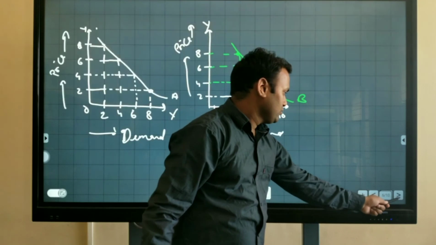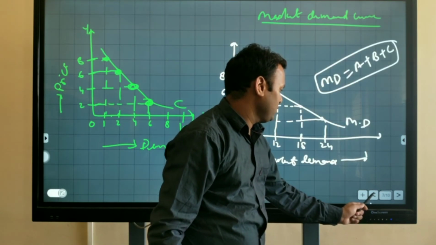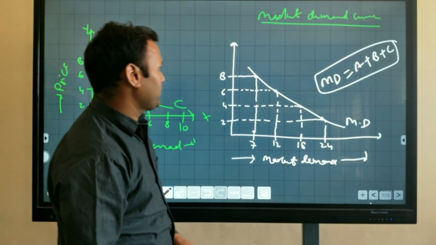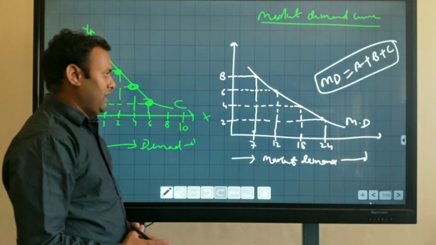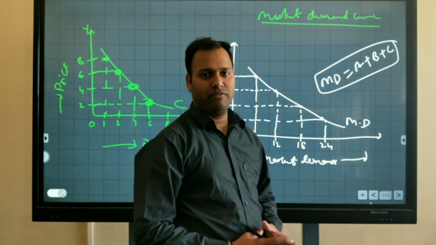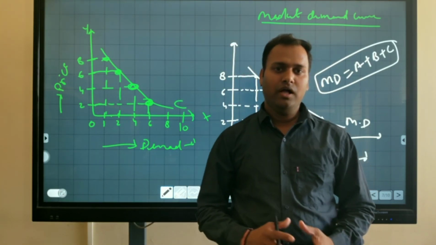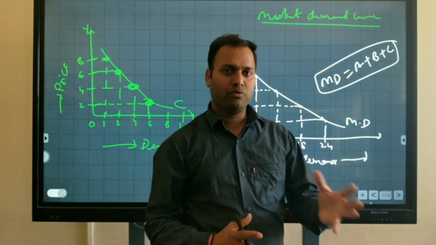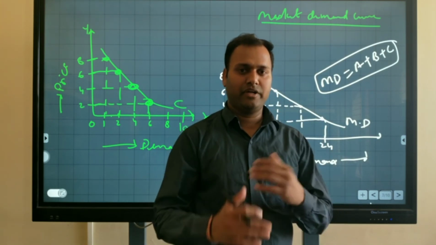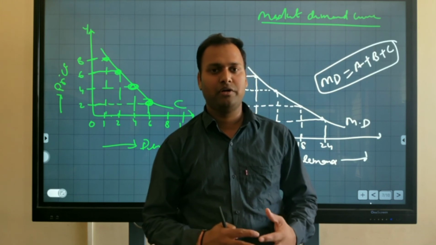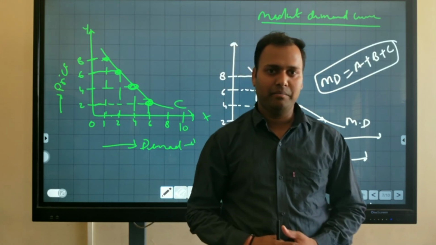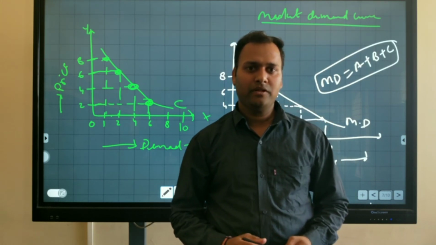Okay. So this is the market demand curve. I hope you understood the concept of how to prepare the graphical representation of the individual demand curve and the market demand curve. Okay. So thank you so much.